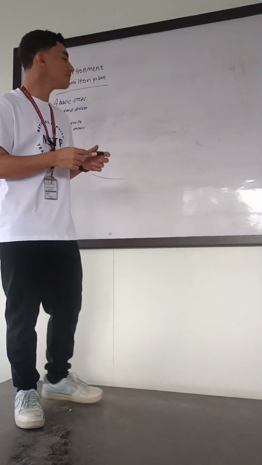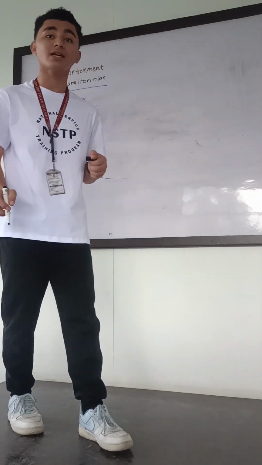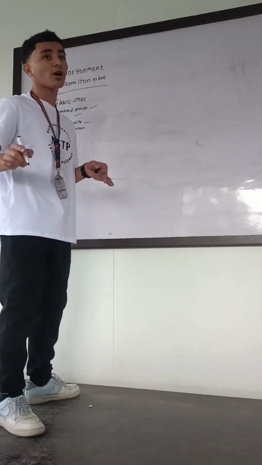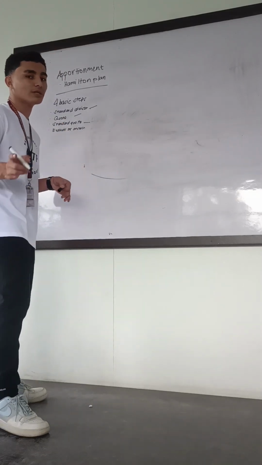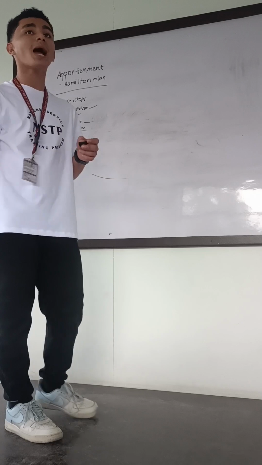First, we must calculate the standard divisor. Next, we must calculate the quota. Third, we must calculate the standard quota, which aims to round off the quota into a whole number. And lastly, we must evaluate our answer.